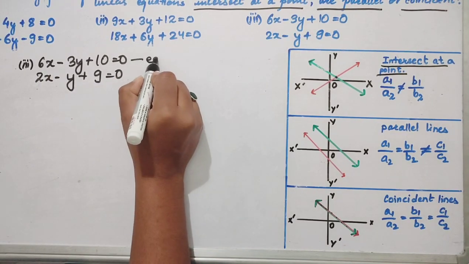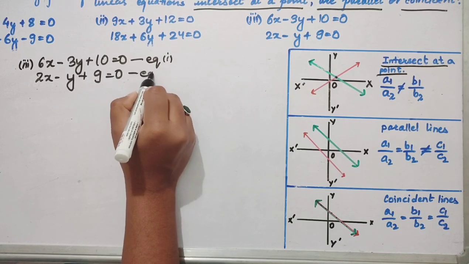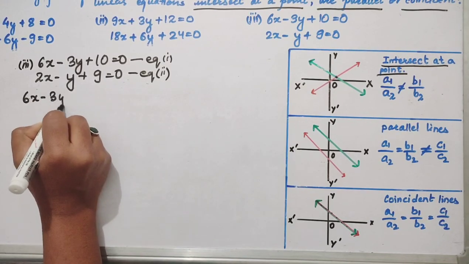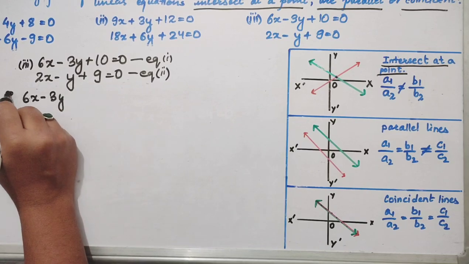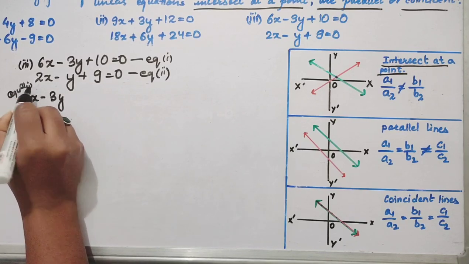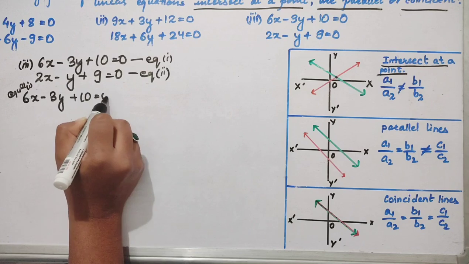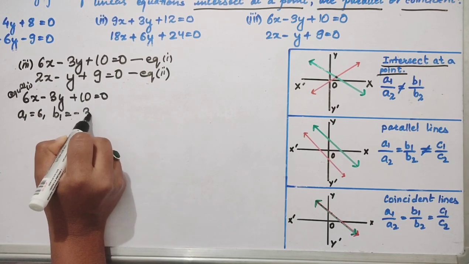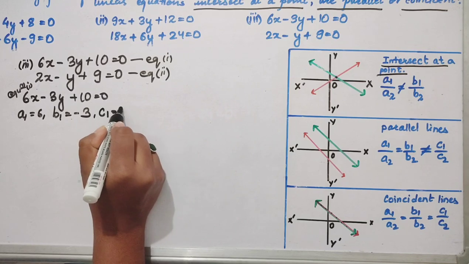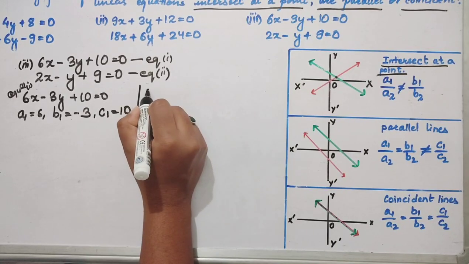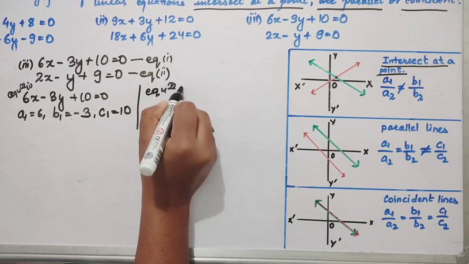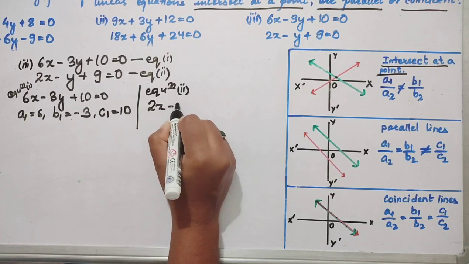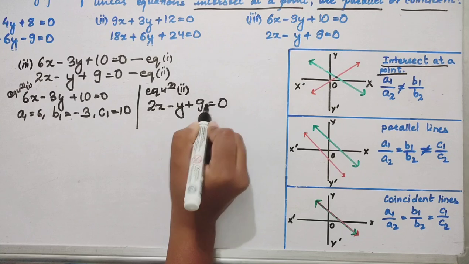Let us mark equation 1 and equation 2. So from equation 1, we get a1 equals 6, b1 equals minus 3 and c1 equals 10. From equation 2, we get 2x minus y plus 9 equals 0.